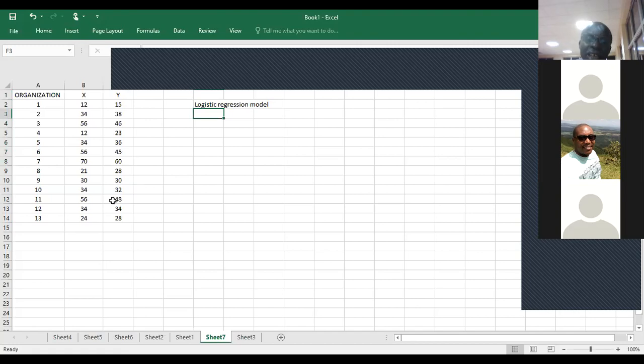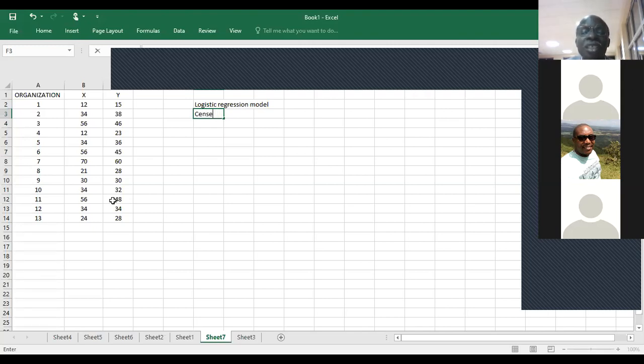So Y can take any value continuously between 0 and 1 inclusive. That doesn't mean it is ordinal or nominal. No, it's still continuous, but it's between 0 and 1 inclusive. Then the regression model you'll be building is not multiple, is not logistic, but is called a censored regression model. Censored.